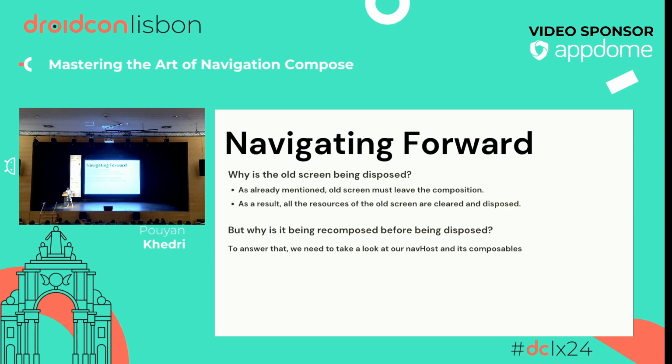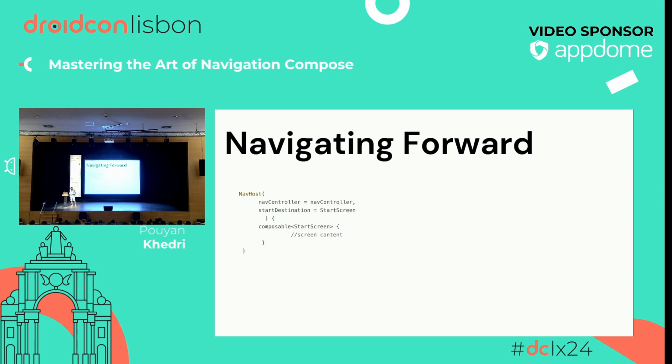So to answer that, we need to take a closer look at our nav host and its composables. So take a deep breath. You might need it because we're going a bit deeper into our nav host. So imagine we have something like this. We specify a starting screen, like a starting destination. We are passing the nav controller, and we also declare this composable node, passing a type and the composable code here, whatever, doesn't matter.